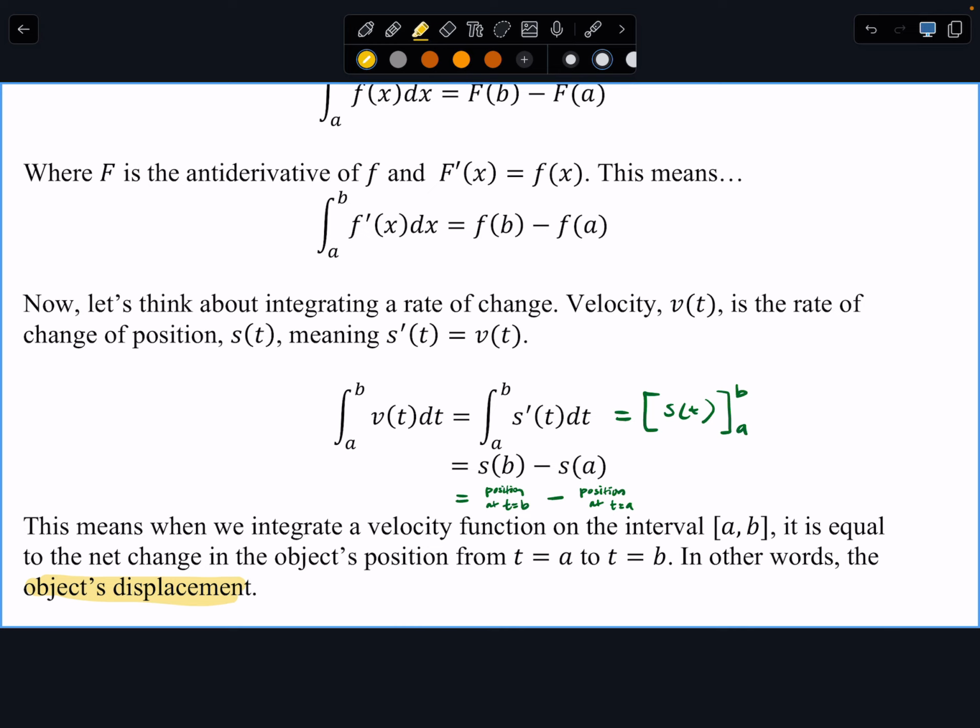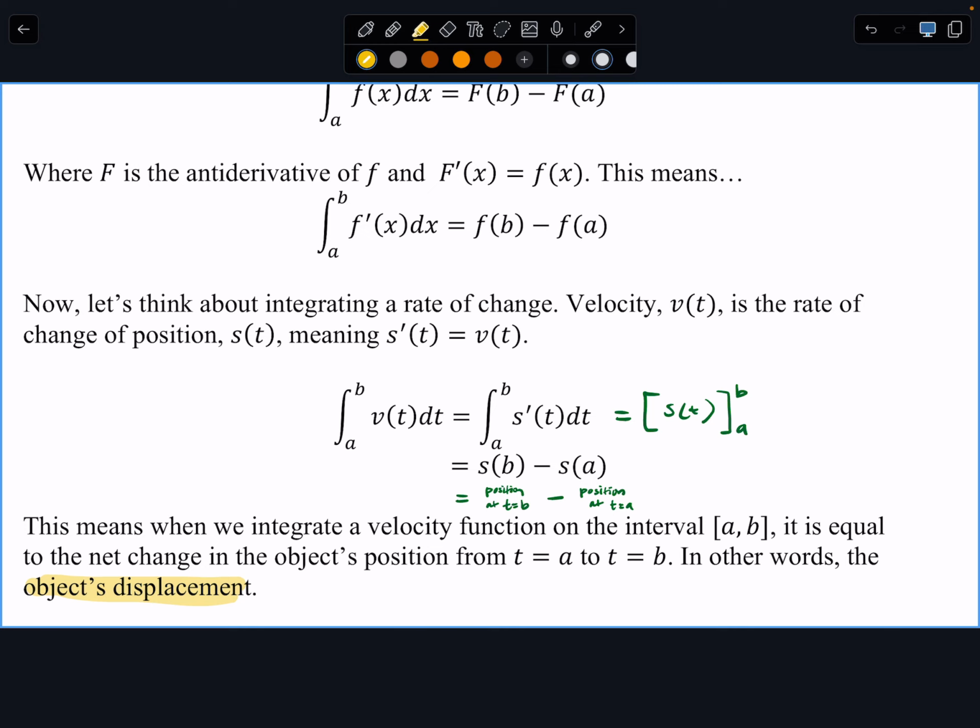When you integrate a velocity function over an interval, that number indicates the object's displacement. And remember, when we've talked about motion previously, we've focused on linear motion, one of two directions. If displacement is positive, it means that from the initial position, the ending position is in the positive direction, whether that's forward, up, or to the right.